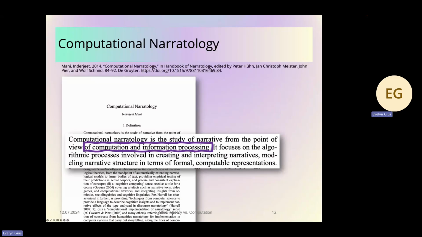Okay, so what's computational narratology? It's the study of narrative from the point of view of computation and information processing. And indeed, I did a small research when I gave a keynote at the European narratology conference last year, about narratology in NLP and NLP in narratology. And this is what came out.